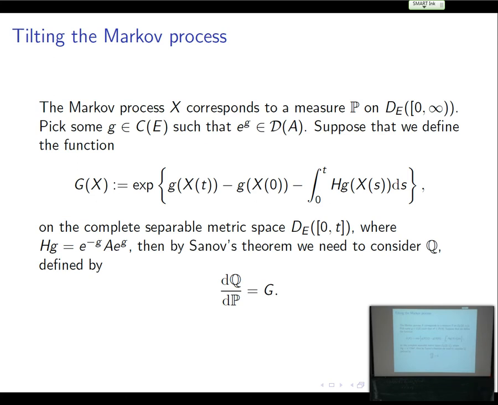Suppose that I take a function g such that e to the power g is in the domain of A, as in g is in the domain of H. Then I can look at the following quantity. I take the exponential of g evaluated at time t minus g evaluated at time 0, and the integral from 0 to t of H of g.